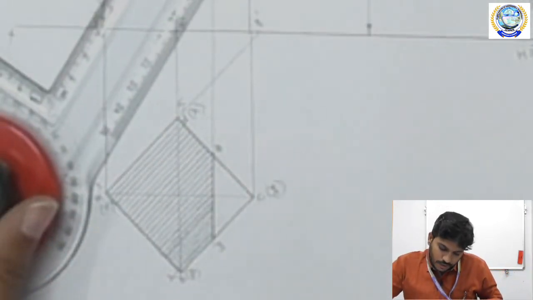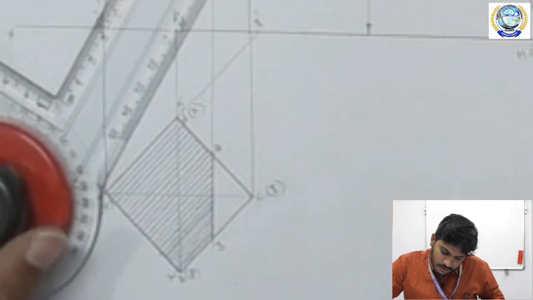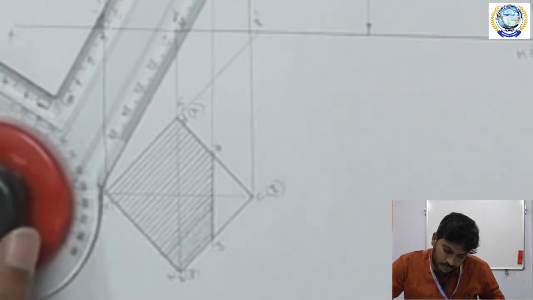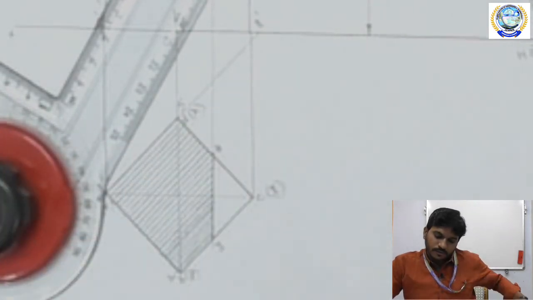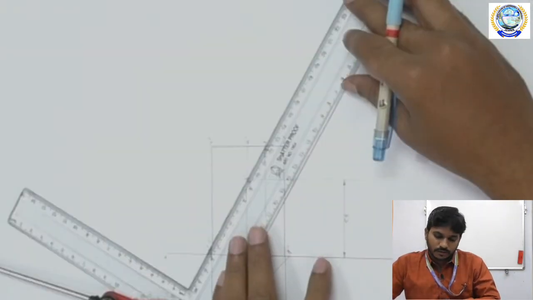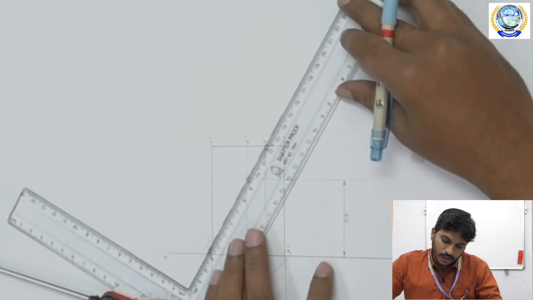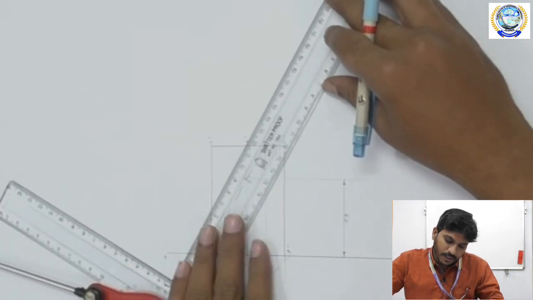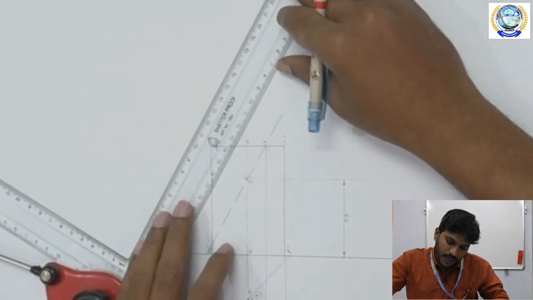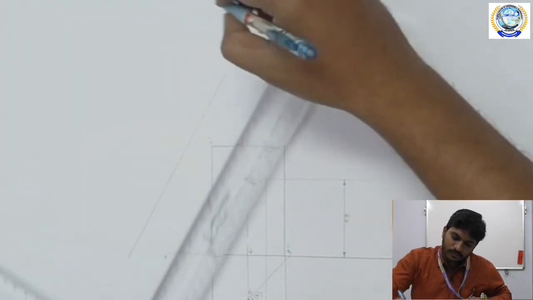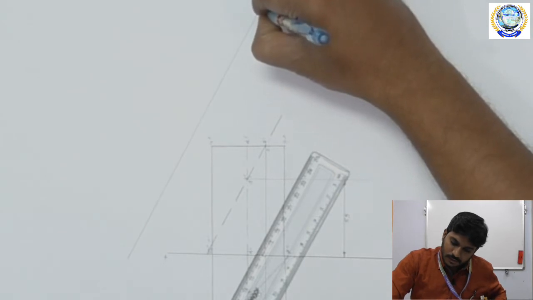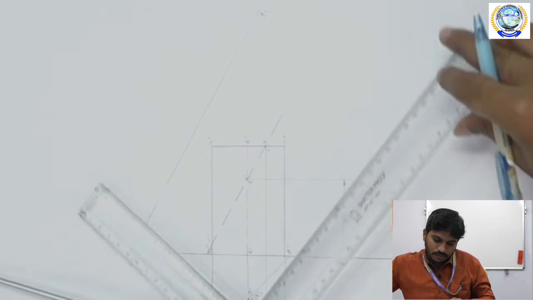And then we have to draw the true shape of the object. For drawing the true shape of the object, first of all, we have to draw an auxiliary inclined plane which is parallel to the sectional plane. This one is x1, y1.